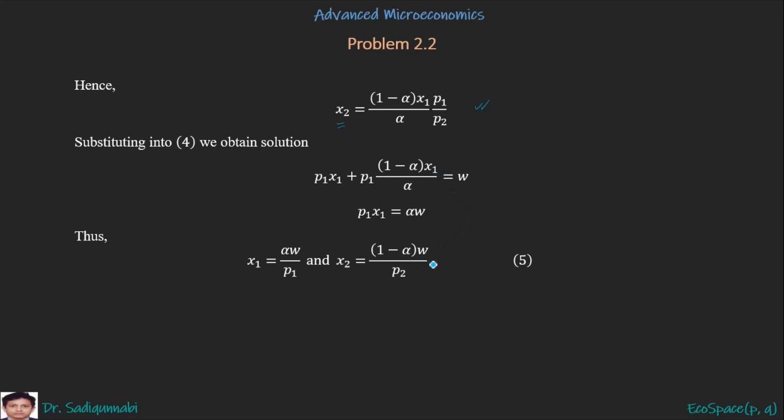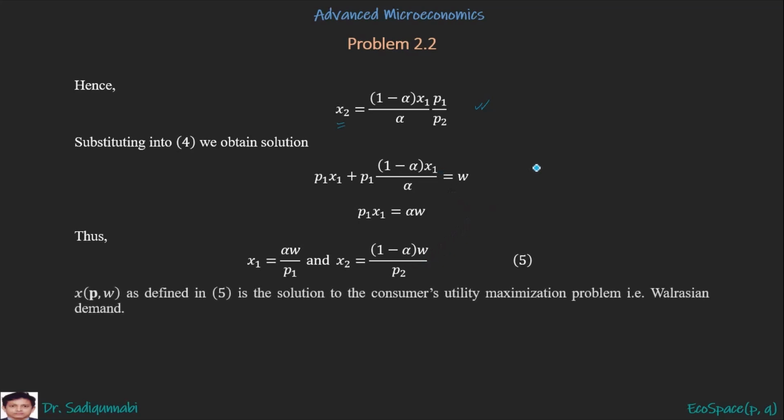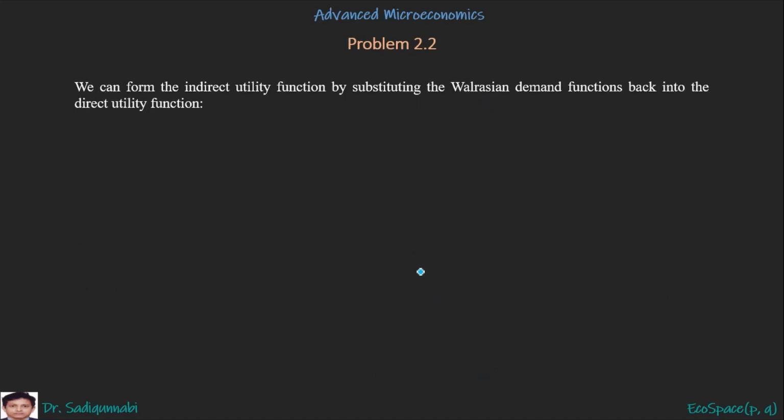So we get the two Walrasian demands x1 and x2, and we can form the indirect utility function by substituting these Walrasian demand functions back into the direct utility function.